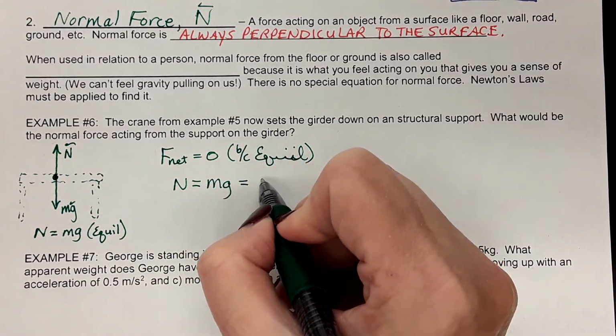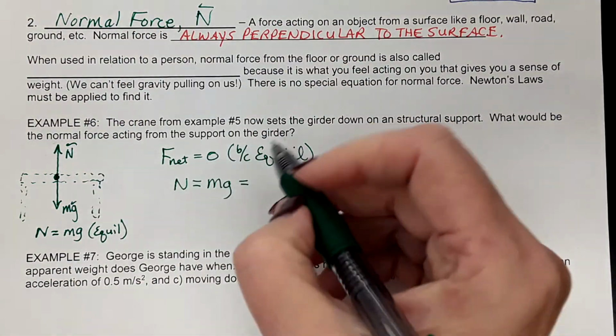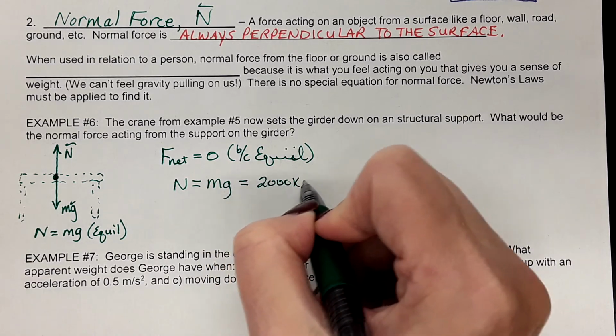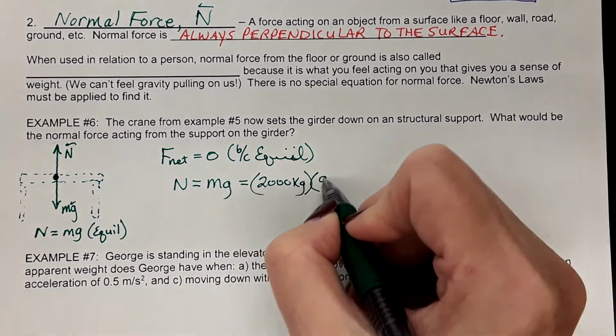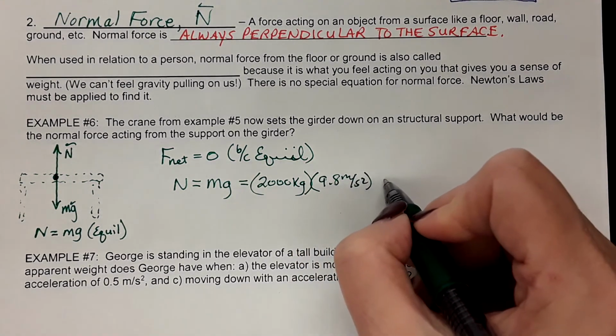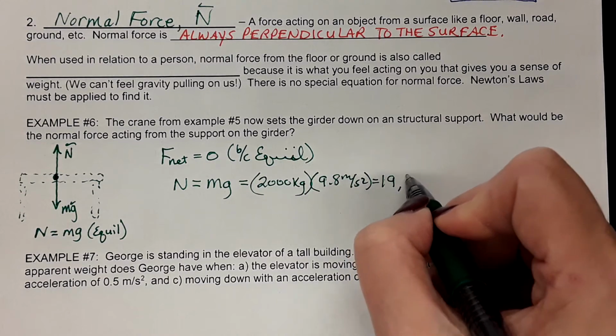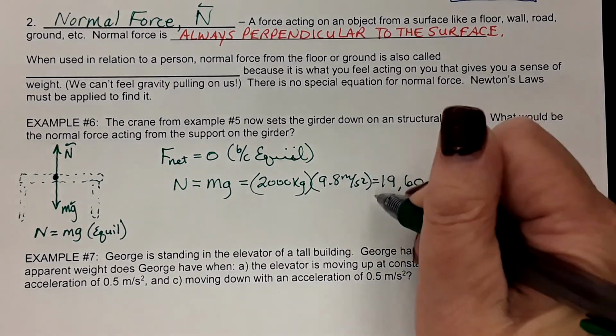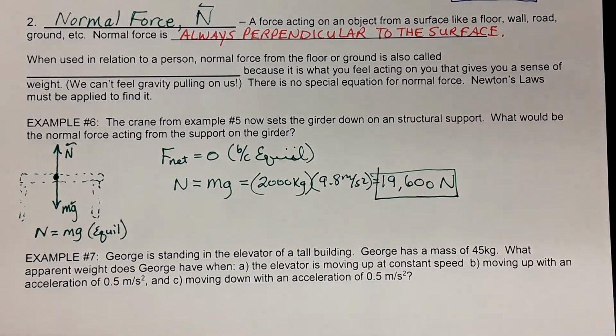So all we have to do is say, if we go back up here and get our information, 2,000 kilograms for the girder times the acceleration due to gravity, and we get a value of 19,600 newtons. So if that's the weight, the gravity exerted on the girder, then that must be the value of the normal force to keep it from falling, to keep it at rest. Now, that's not so bad, is it?